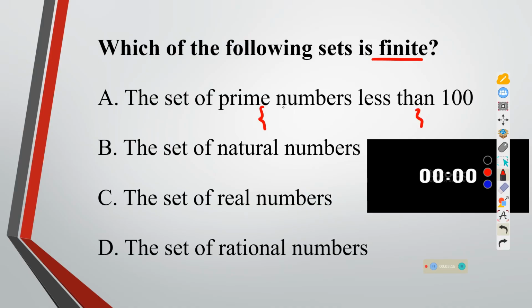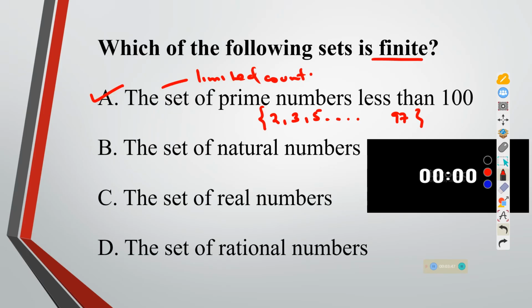You can list it starting with 2, going with 3, going with 5, and so on, up to 97. So these are the prime numbers, and it means we can count the number of elements in this set. This has a limited count, so we can easily get to the number there.